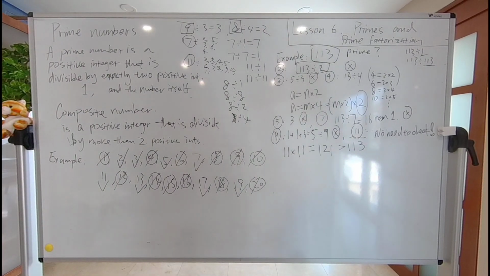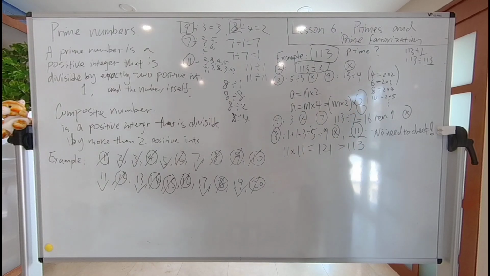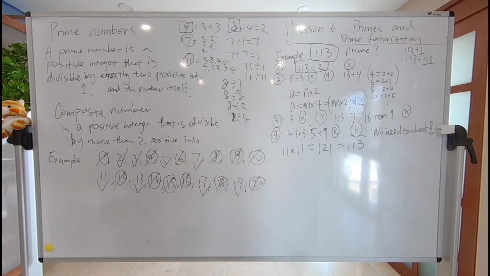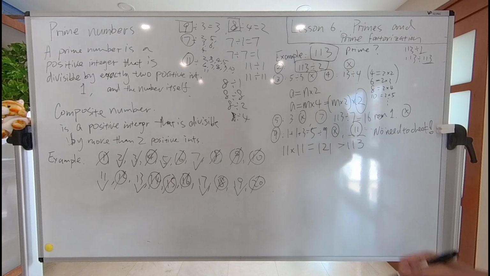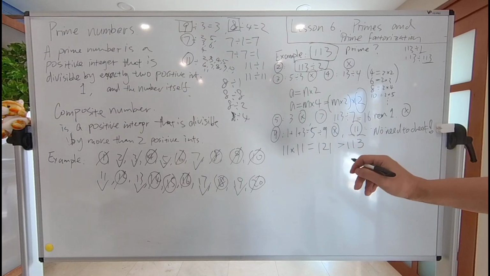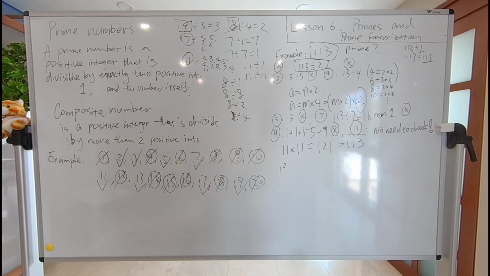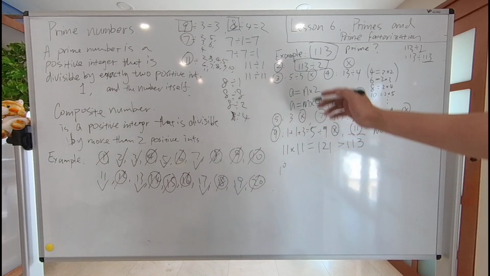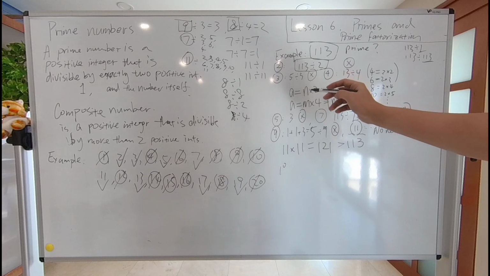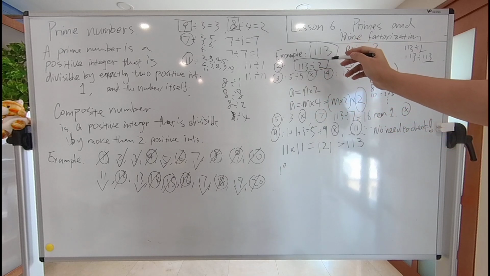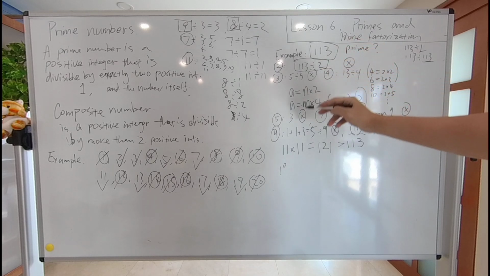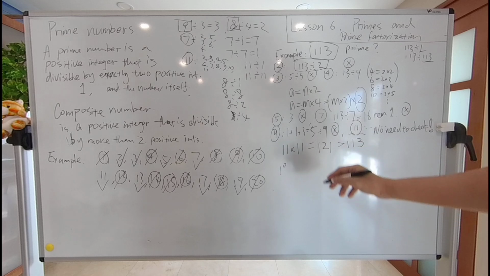And before we finish this example, one last comment, one conclusion that we can draw from this example is that, first, when we are checking whether a number is a prime number, we in fact don't have to check all the numbers that are less than this number.